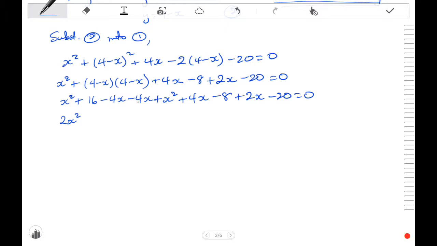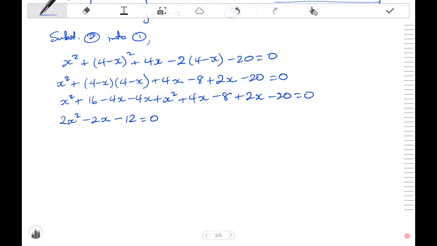Minus 4x minus 4x is minus 8x, plus 4x plus 2x, so minus 8x plus 6x is minus 2x, and 16 plus 8 minus 20 is 4. Oh, sorry, so it should be minus 2x minus 12.